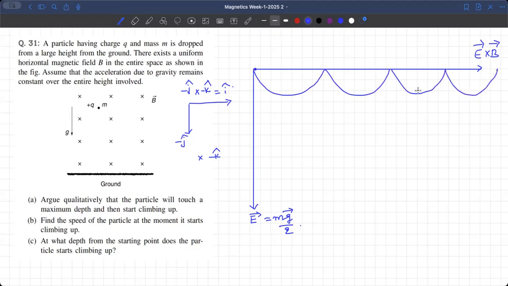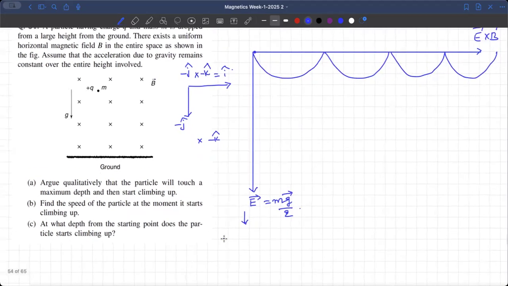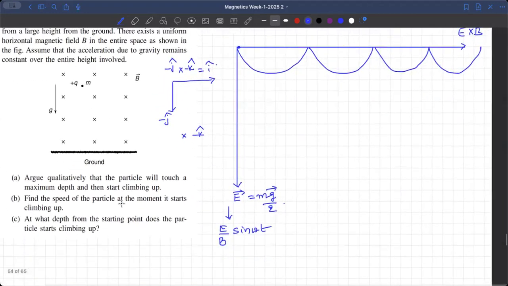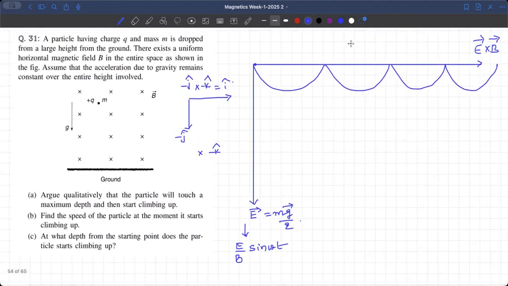Now this will become your X part, which will be E by B times sin omega t, the velocity component. Whereas in this direction, as I just derived, the component of velocity will be E by B times (1 minus cos omega t).